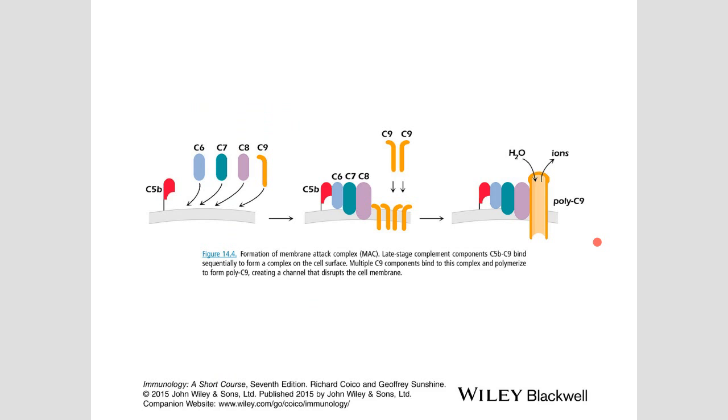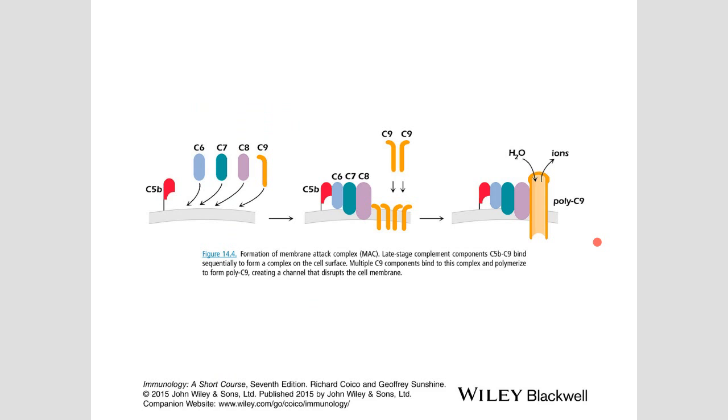And you can see from here, C5, C6, C9, they join together, polymerize, and then they form a membrane attack complex. So that's where you can take the ions out and put the water in. So it's going to be an osmotic kill. That's what these complements do.